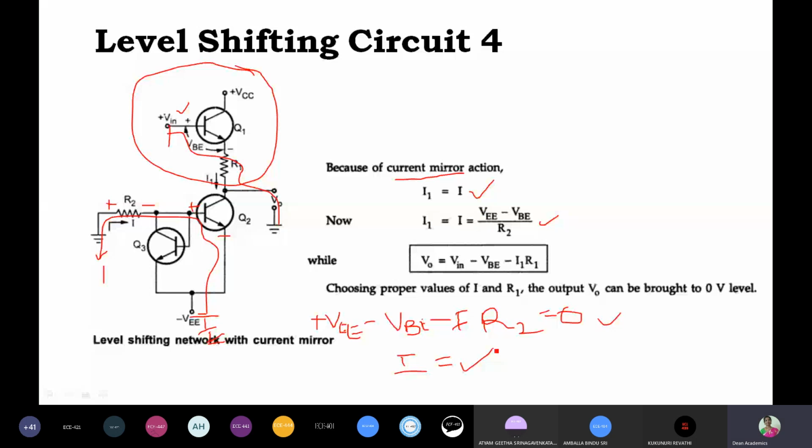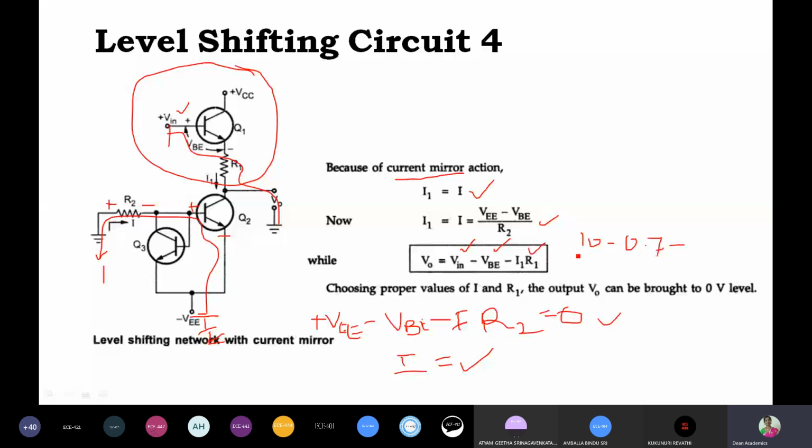That means here also in this circuit, V0 is equal to V in minus VBE minus some other parameters. So if you have so many minus parameters, for example, if V in maximum value is 10 and VBE is 0.7, minus some other value, so maybe 2 or 3 or 4, then what will happen?